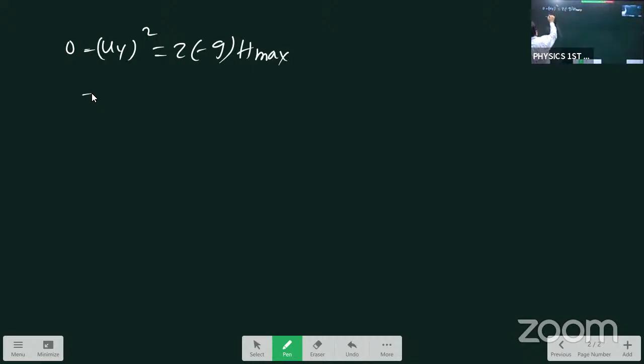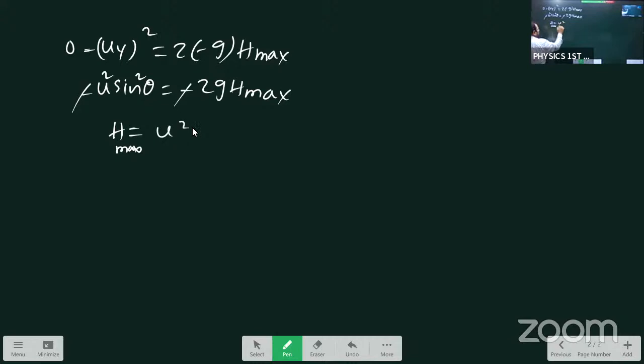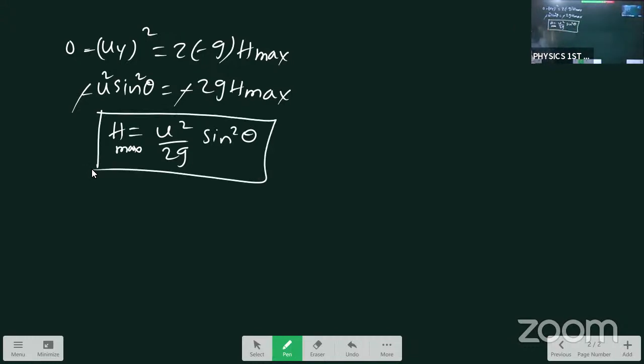Any notation, no problem. Uy is nothing but u sin theta whole square, u square sin square theta equals 2g h max. Minus cancel. Remaining our equation: h max equals u square by 2g sin square theta. This is h max.